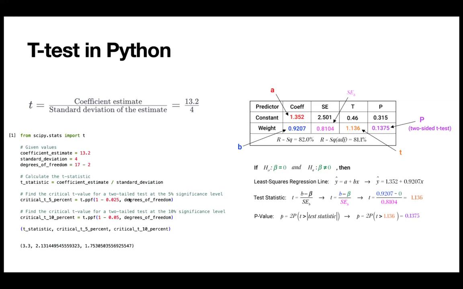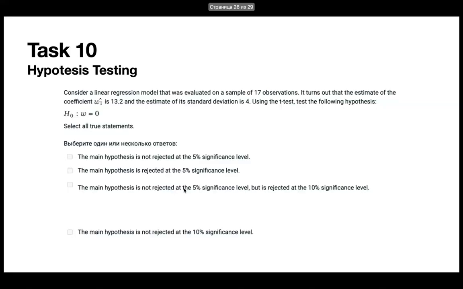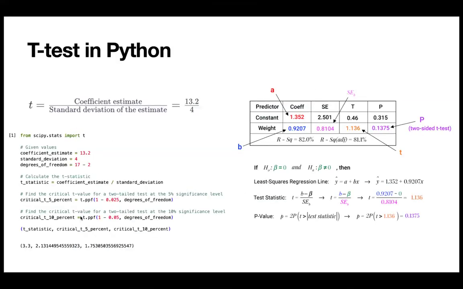And we just use the same degrees of freedom as we wrote here, but there should be one. Yes, so that's how we can calculate the 5% significance level test and 10%.